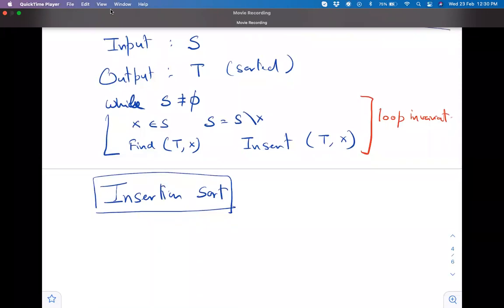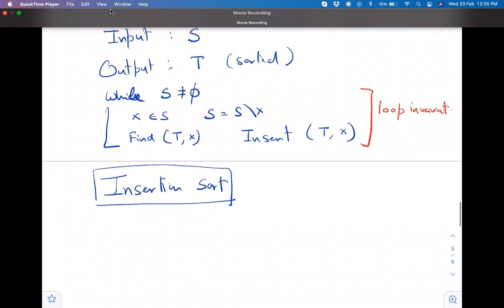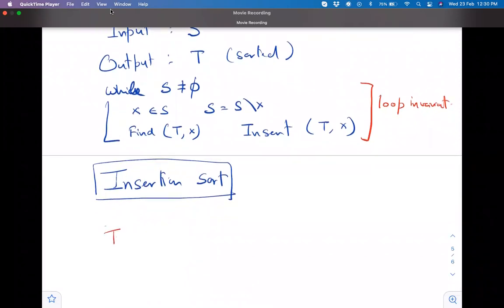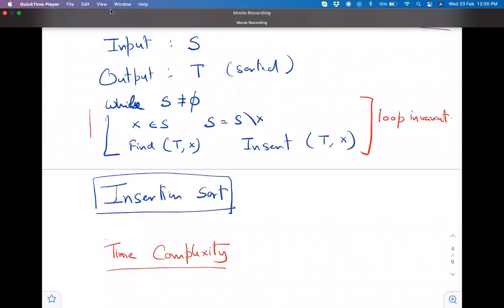Now, what is the runtime of this algorithm? What is the time complexity? N square. Why n square? It will depend on find TX and insert TX. Exactly, it will depend on the complexities of those two. Of course, this while loop runs for n steps, n times.